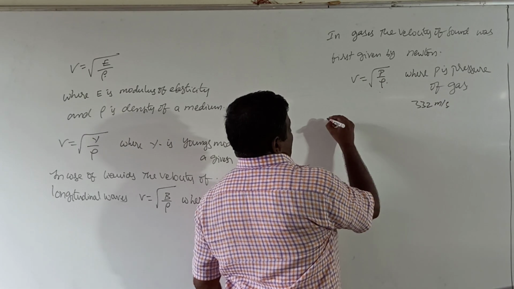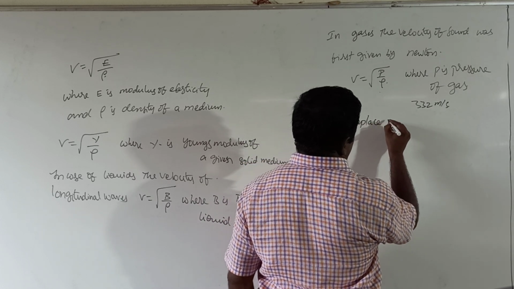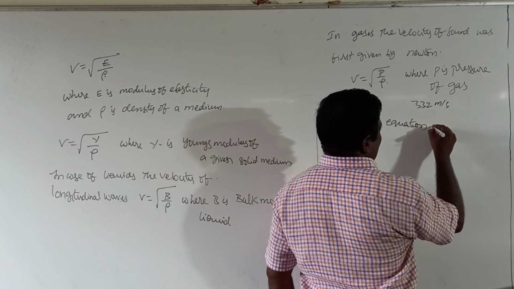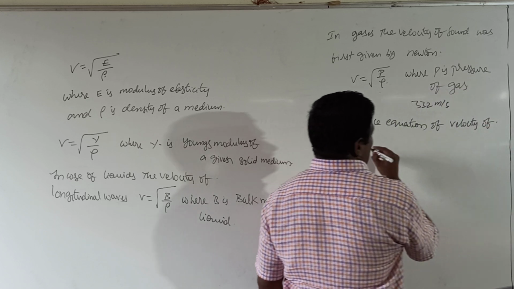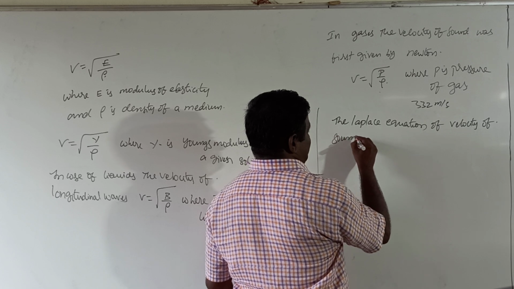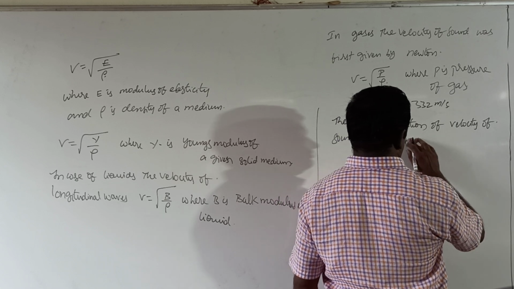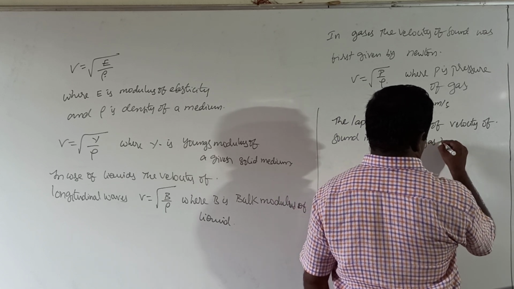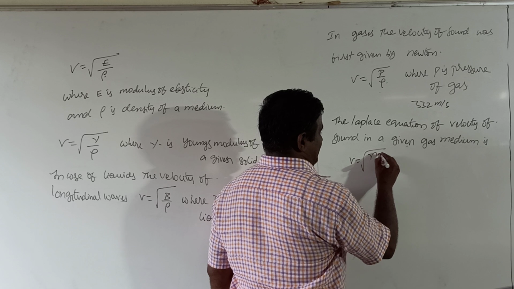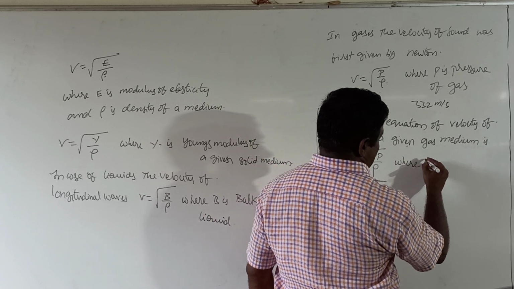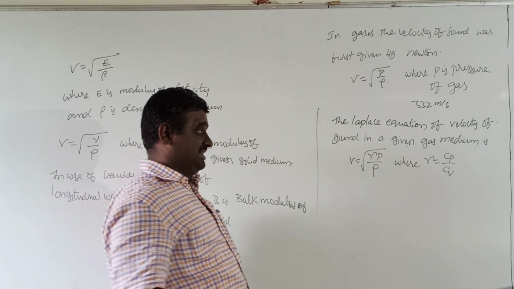Hence, the Laplace equation of velocity of sound in a given gas medium is v equal to root over gamma P by rho, where gamma is the ratio of specific heats, Cp by Cv.